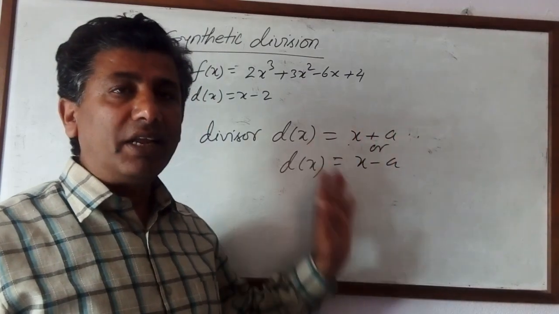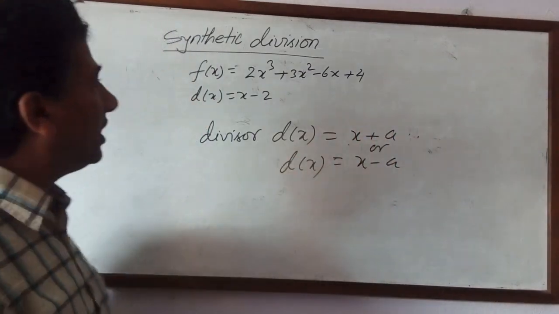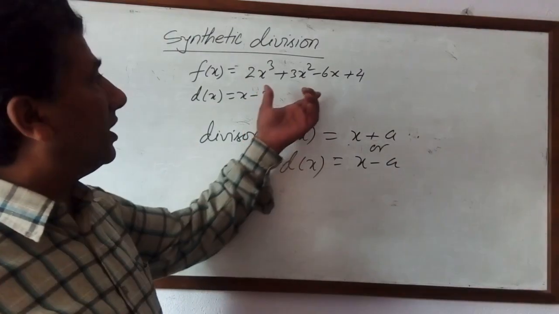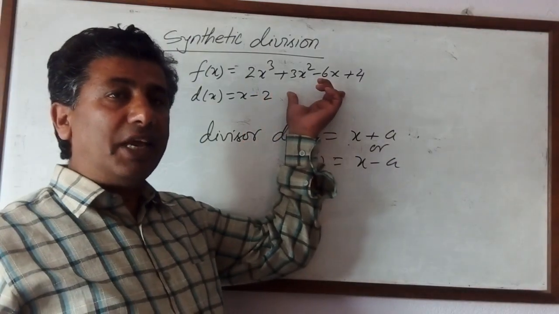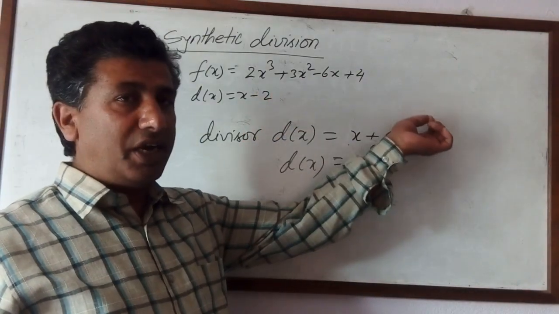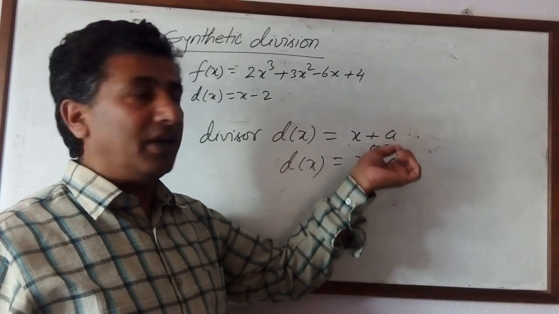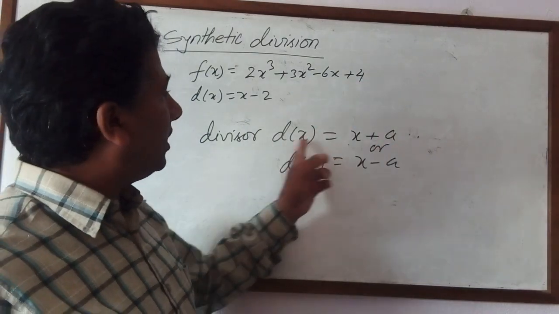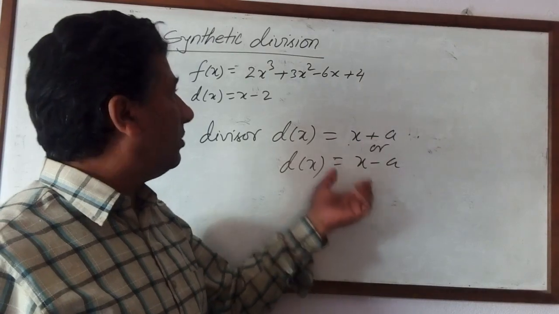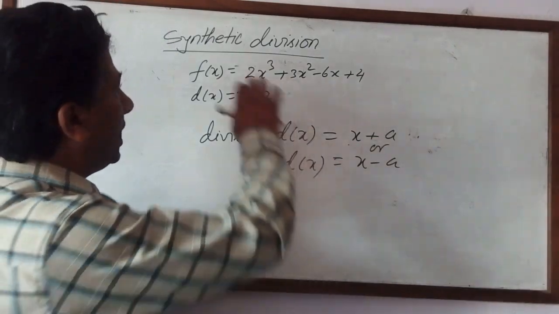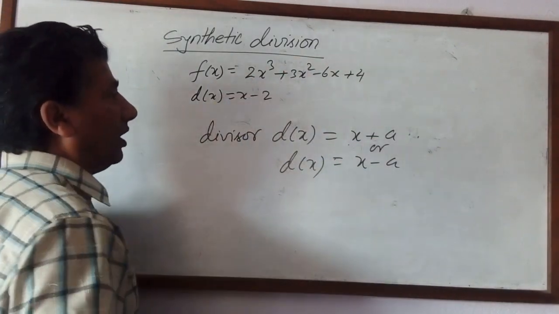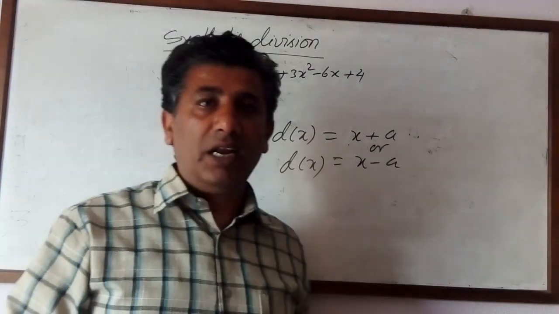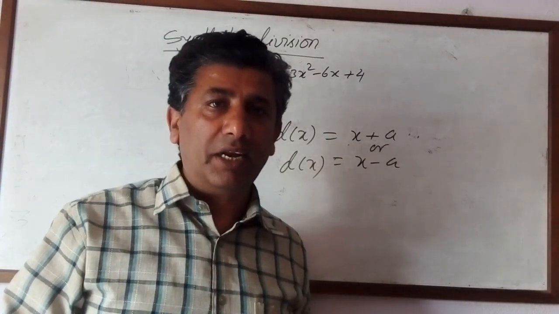But synthetic division gives both the quotient as well as the remainder. Now I have taken an example polynomial to show how to find the quotient and remainder by synthetic division.